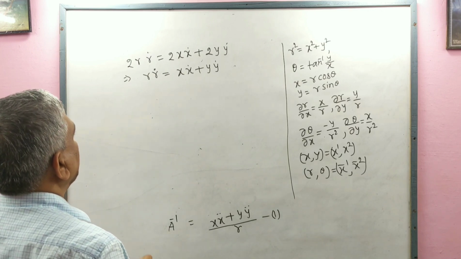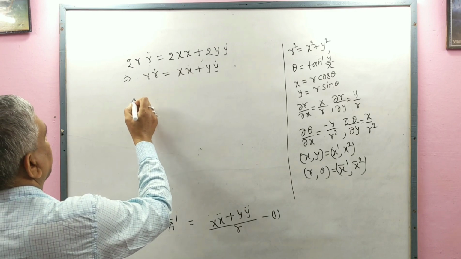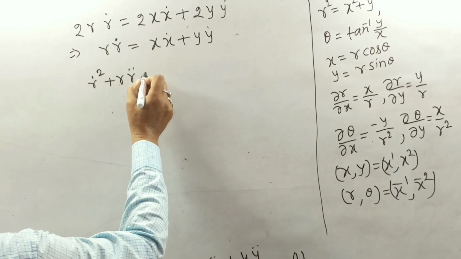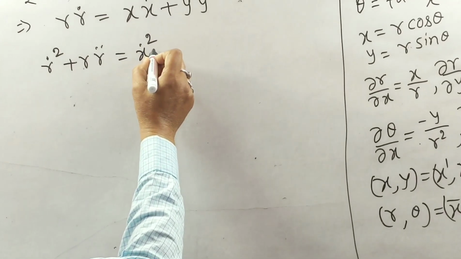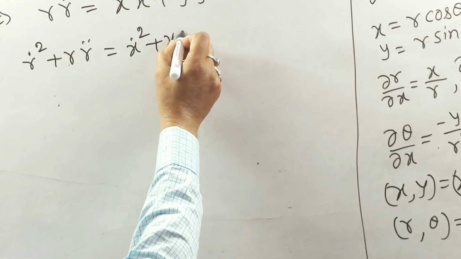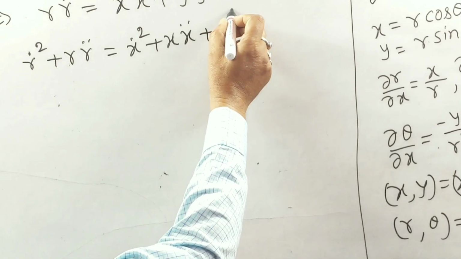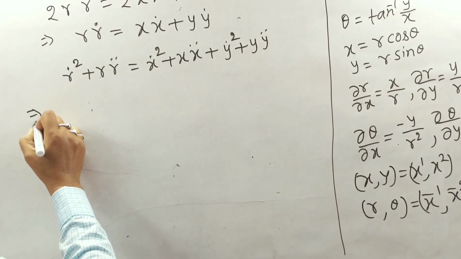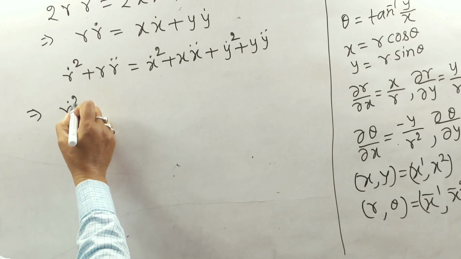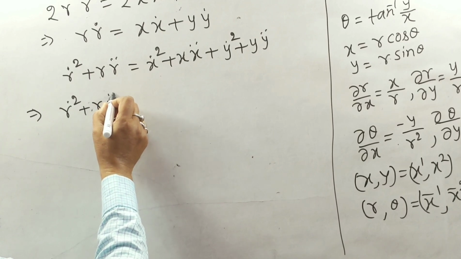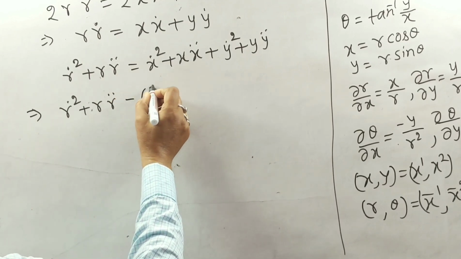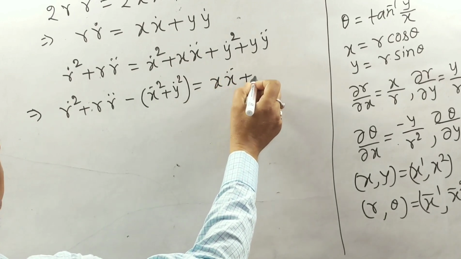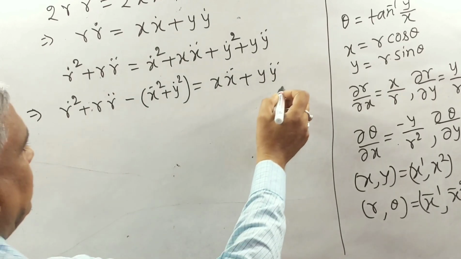Again differentiating with respect to t, we get r dot square plus r r double dot equals x dot square plus x x double dot plus y dot square plus y y double dot, which implies r dot square plus r r double dot minus x dot square minus y dot square equals x x double dot plus y y double dot. Let this be 2.